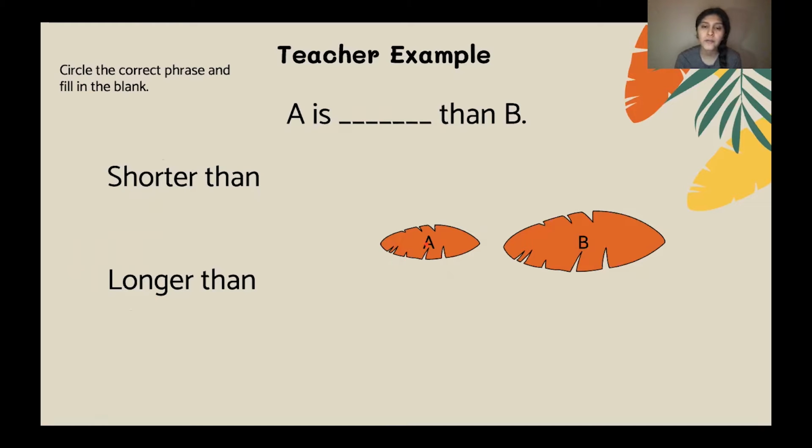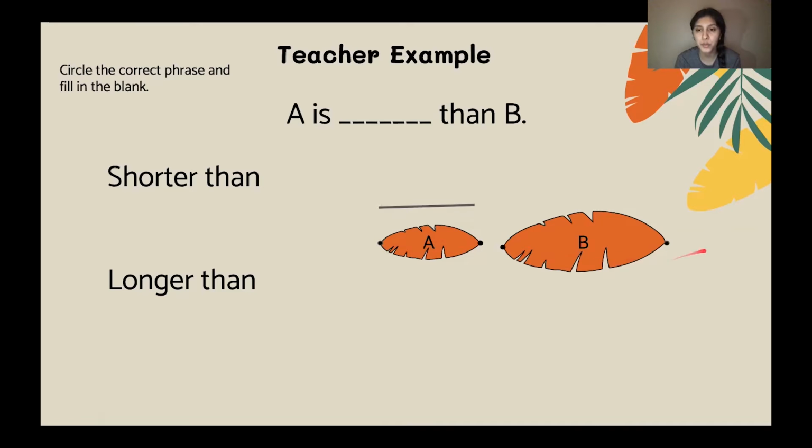So here I have my A and my B. So I wanted to know, I would measure it from one point to the next. So here we go. I would start here and I would end here, and that's how long it would be. There I have my line. Then for B, I would start there and end here.